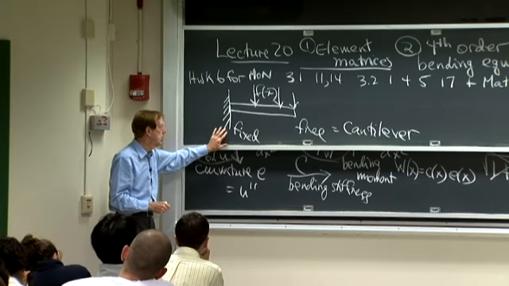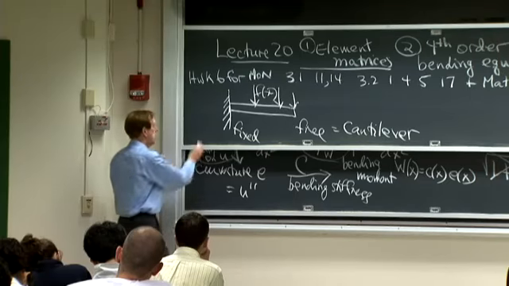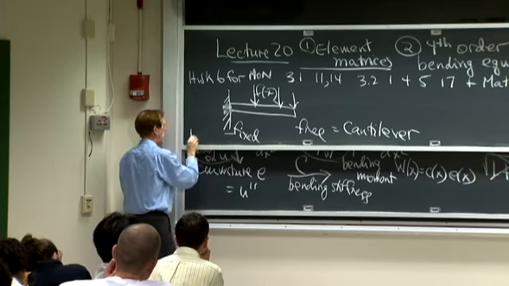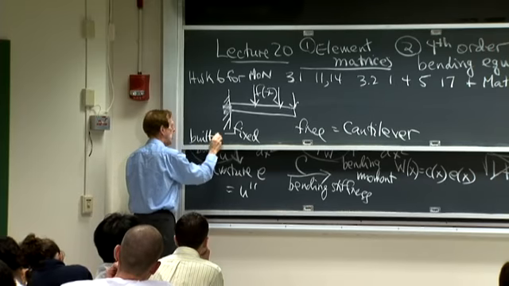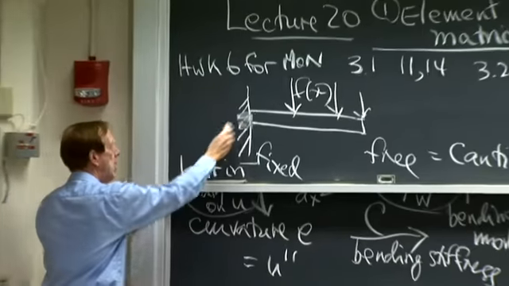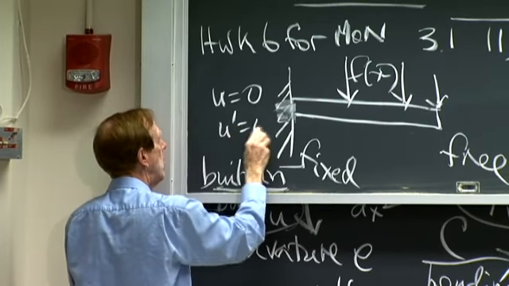And what will be the 2 at the fixed end? At the fixed end, obviously built in. There are slightly different words sometimes for the beam problem. Here I'll have u equals 0 and u prime equals 0.